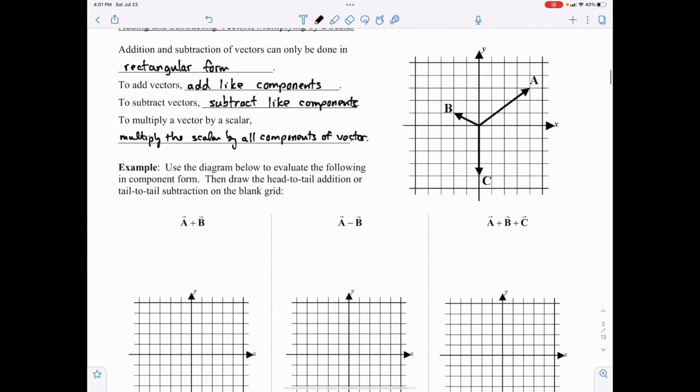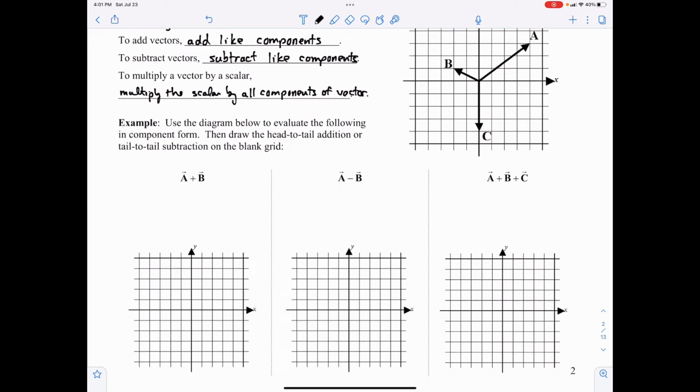In this example, we're going to use the diagram to evaluate the following in component form. Then we're going to draw the head to tail addition, or the tip to tail addition of vectors, or the tail subtraction of vectors in the grid that is blank down below.